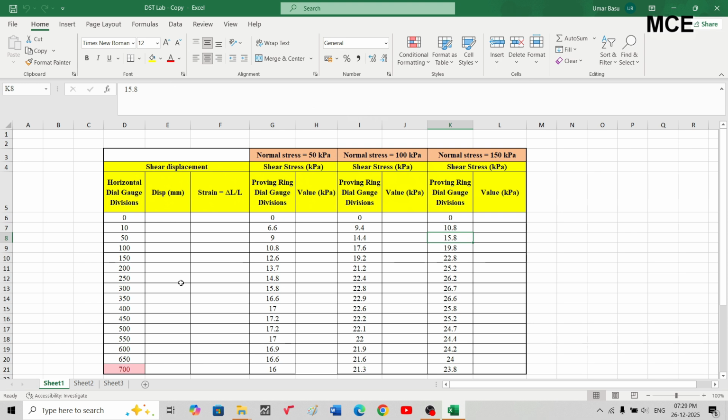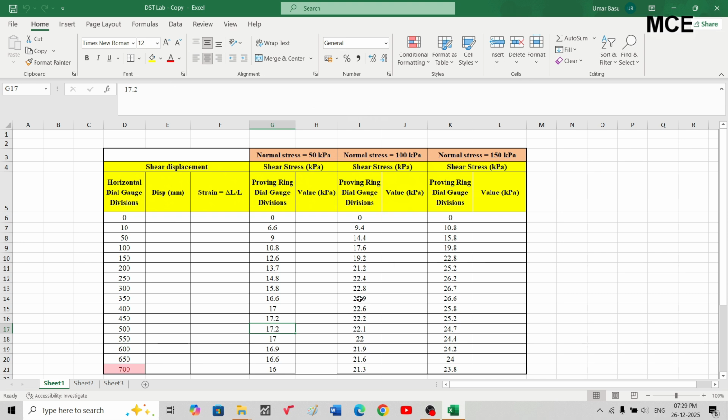You know, the failure of the soil sample is indicated when the reading on the proving ring dial gauge starts decreasing, or you get two to three same values. For 50 kilopascal, after 17.2 the values have started decreasing, so it means failure occurred at 17.2. Similarly, for the normal stress of 100 kilopascal, after 2.9 the values have started decreasing.